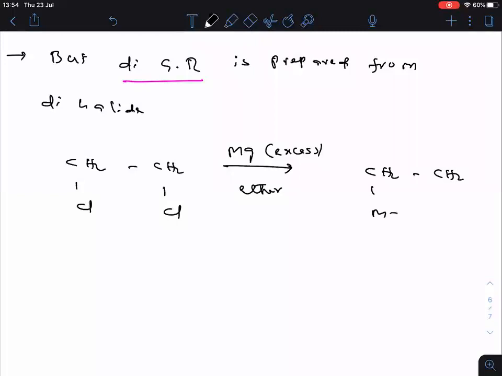Here also we will get MgCl, here also MgCl, here also negative charge, here also negative charge. Both the negative charges cannot form a bond, they are like charges. So this is a di-Grignard, remember.